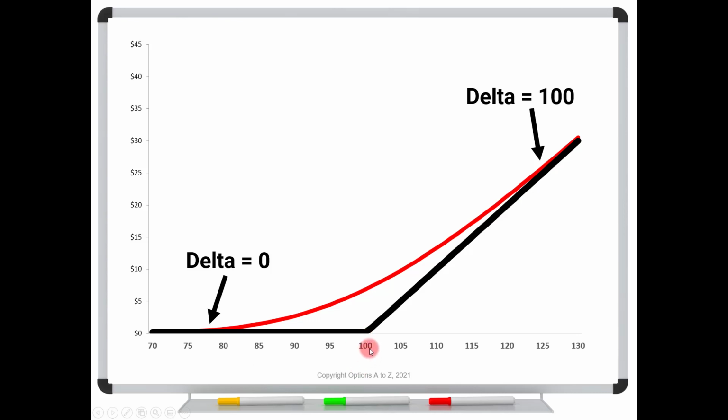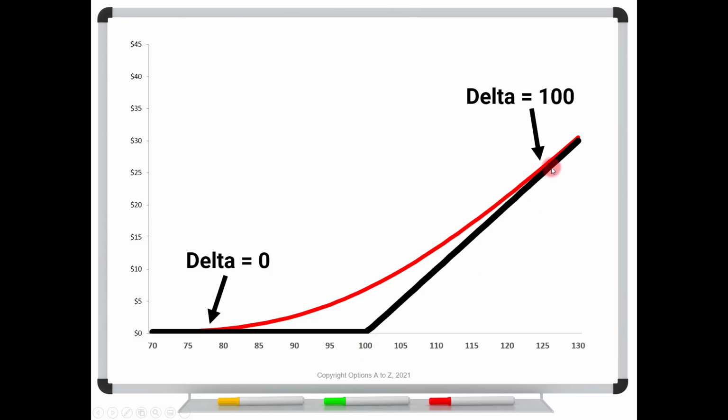Probably not. There's not a very big change in that probability. And that's why the red curve is very flat. Stock could go to 77, 78, up here to 80. Not going to make a big difference in your opinion because there's just not a lot of time remaining relative to the stock needing to make that move.